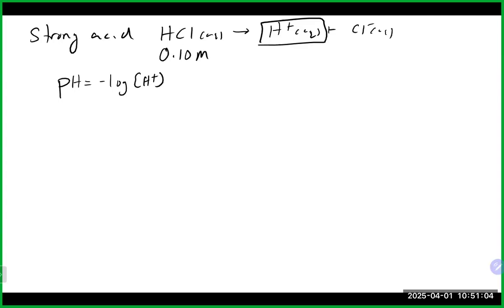We could figure out the concentration of our H plus by doing a little stoichiometry. It's a 1-to-1 relationship, which means the molarity of the H plus would be 0.1. By the way, the molarity of the chloride would also be 0.1, as it's a 1-to-1, but that's not that important in terms of the pH in this case. That would allow us to go into our pH equation and get a pH of about 1.